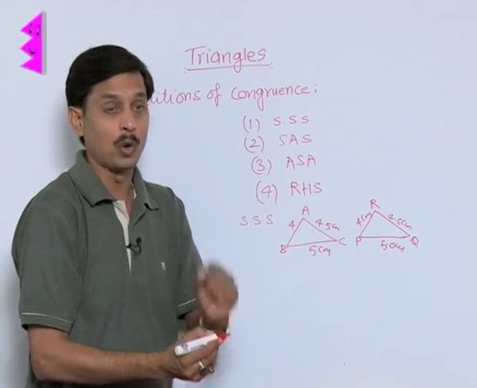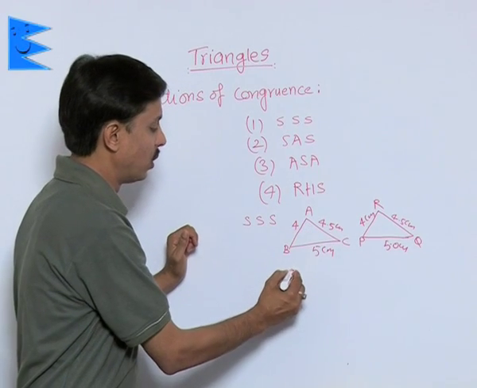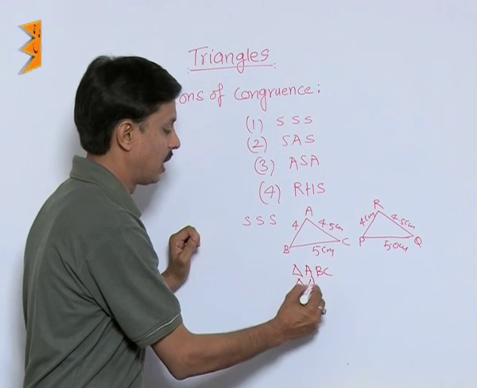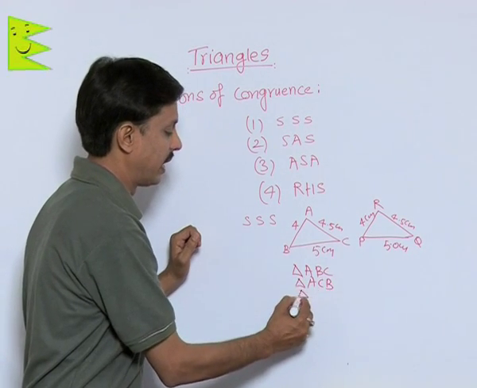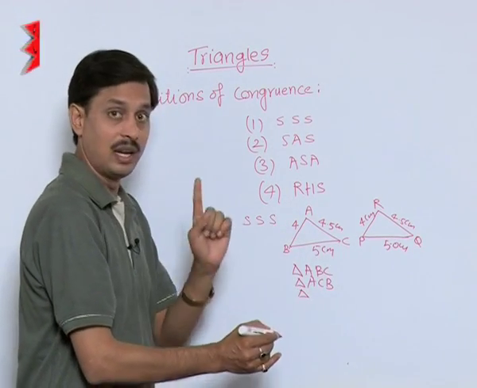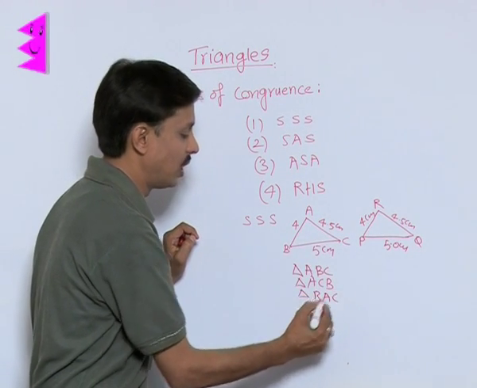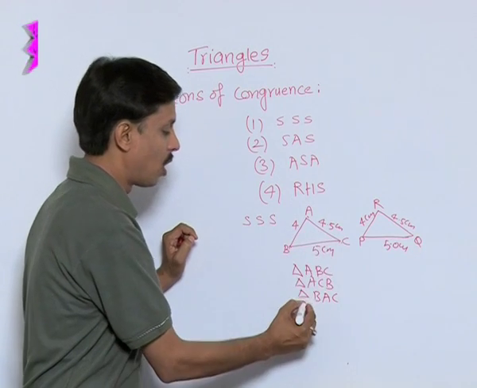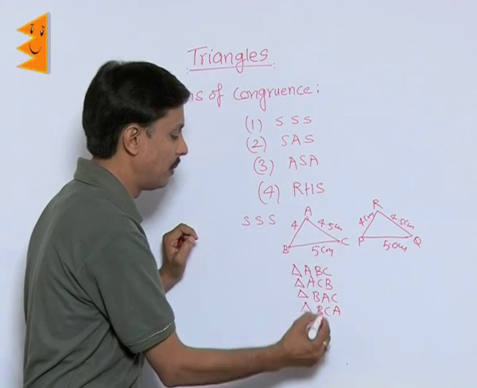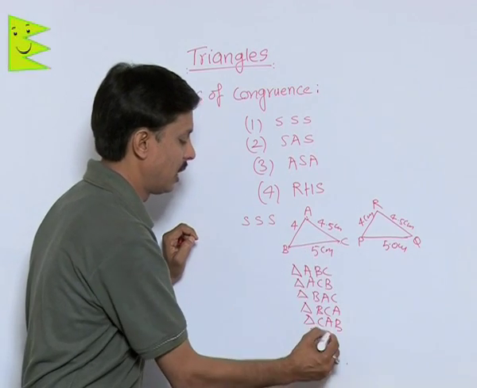Now the question is, this is triangle ABC. How many ways are possible to write the name of this triangle ABC? I can write triangle ABC, I can write triangle ACB, that is the second name of the same triangle, triangle BAC, or triangle BCA, triangle CAB, or triangle CBA.